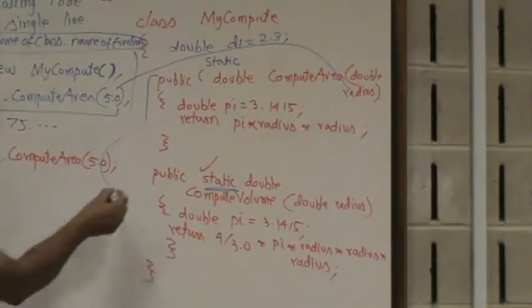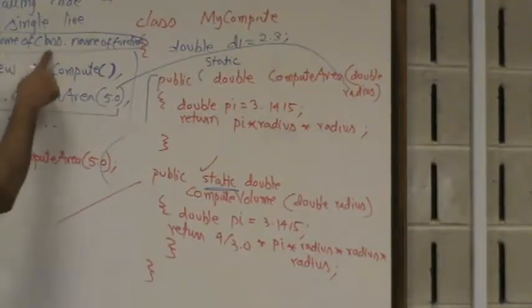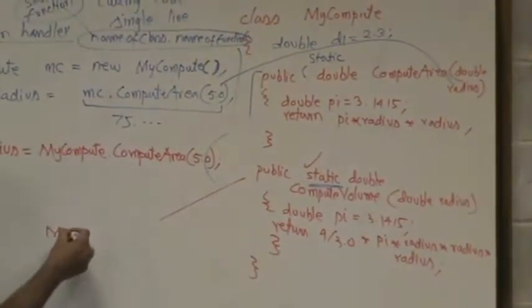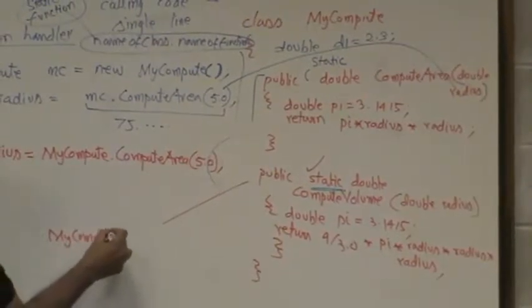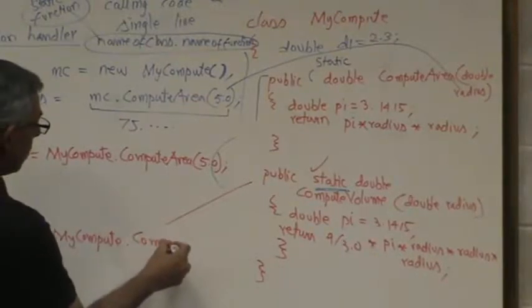Because it's static, how will somebody call it? Name of the class dot name of the function. So what's the name of the class? MyCompute dot, what's the name of the function? Compute volume.